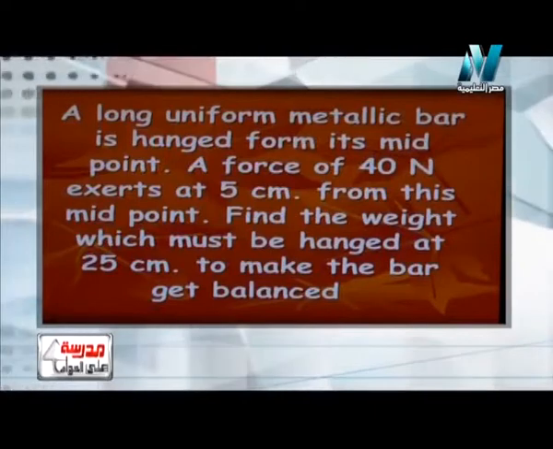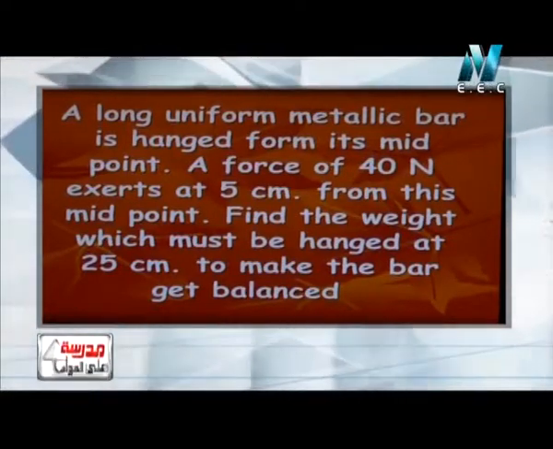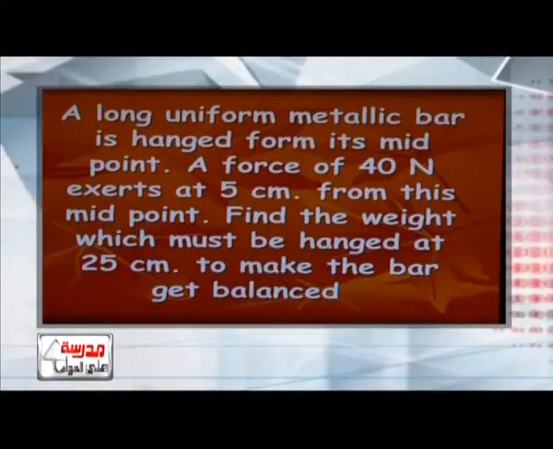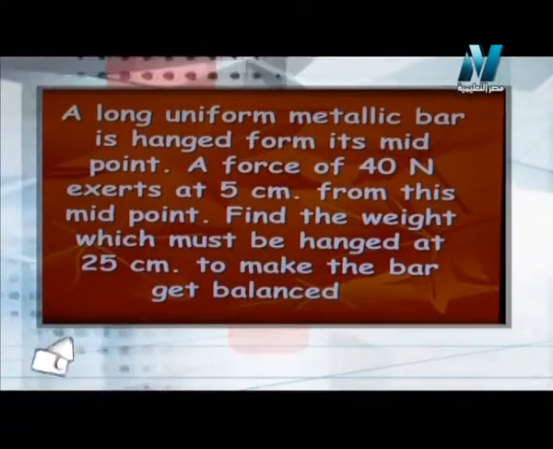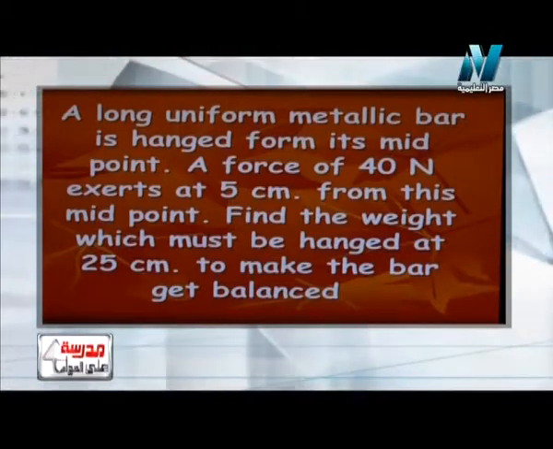So now let's have another problem of lever to practice. The question says that a long uniform metallic bar is hanged from its midpoint. A force of 40 Newton is exerted at 5 centimeters from this midpoint. Find the weight which must be hanged at 25 centimeters to make the bar balanced.